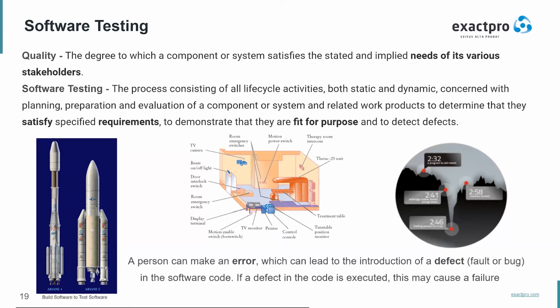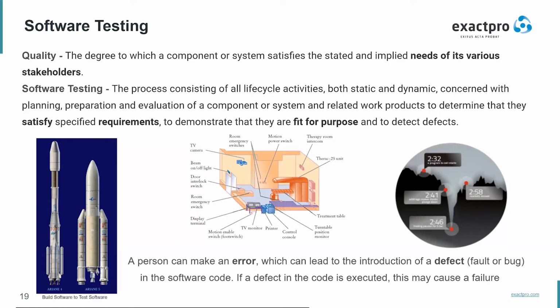Moreover, when we are talking about finding defects, we must remember that machines do not make mistakes, only people do. When a human being makes a mistake, a defect appears in the software system, and this defect is not necessarily seen. It can be something hidden, but it can manifest itself during the failure.